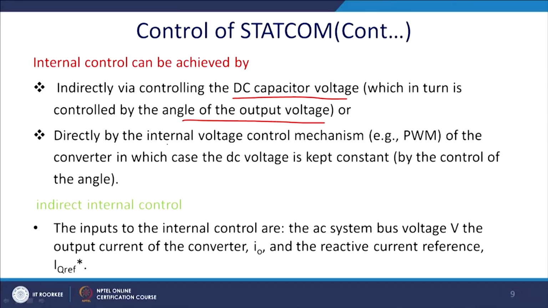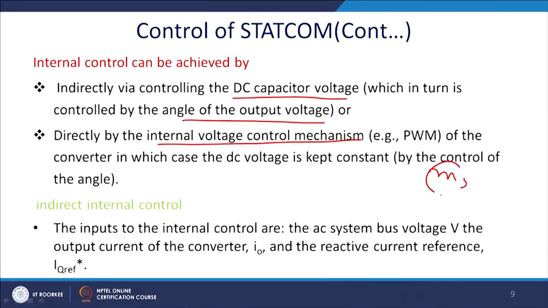Or the second option, directly by the internal voltage control mechanism, that means the modulation index, where you can change the PWM. So, the PWM value you can control. From there you can change the terminal voltage, while the DC bus is kept constant, and generally we prefer the second one because it is faster in operation.